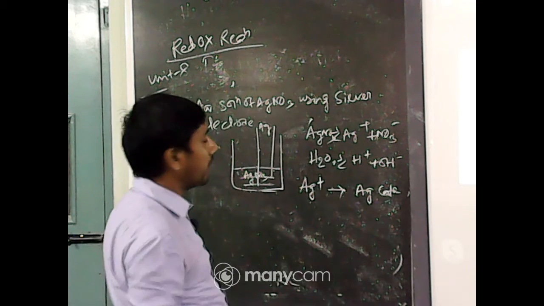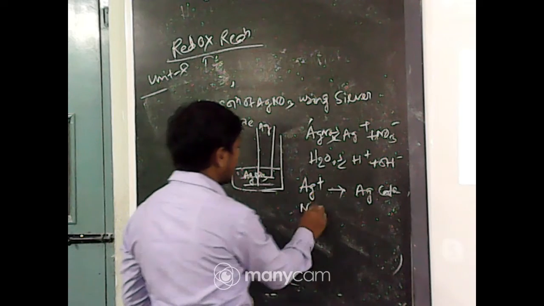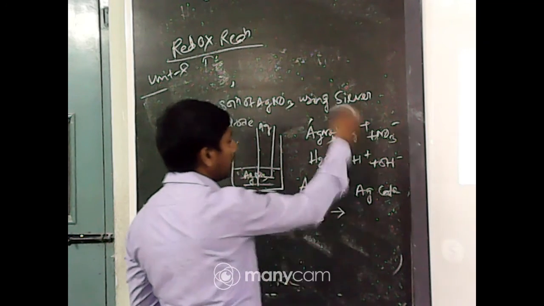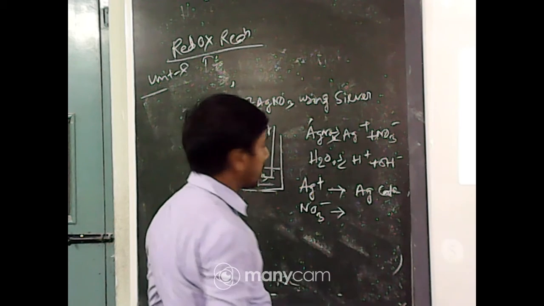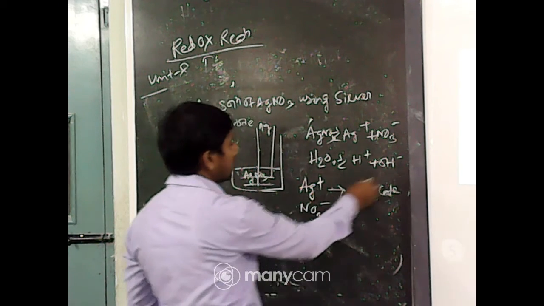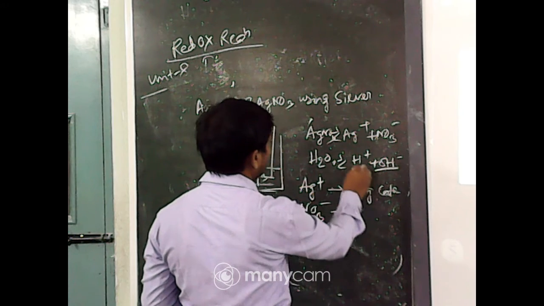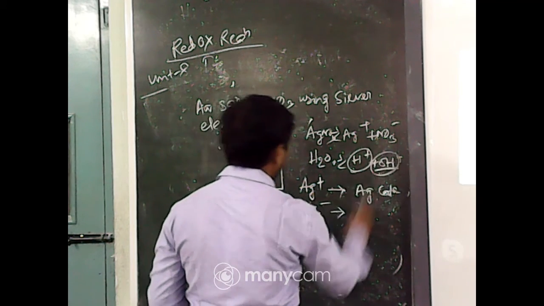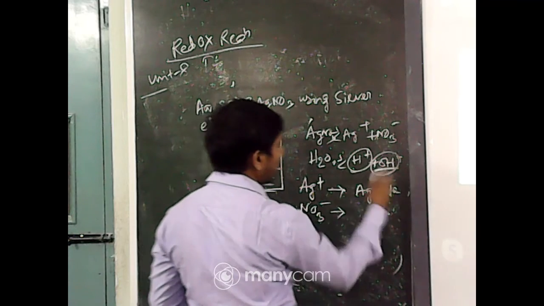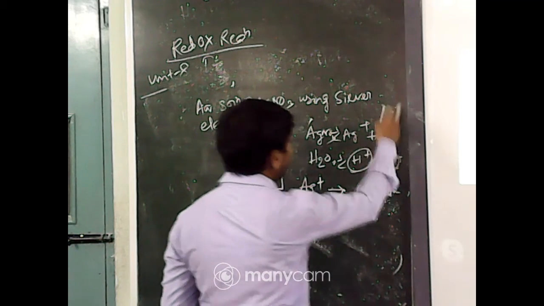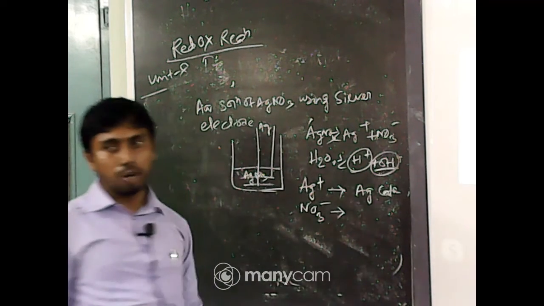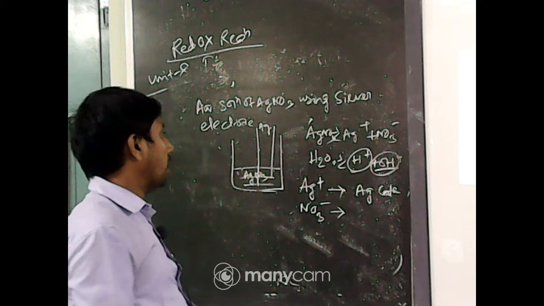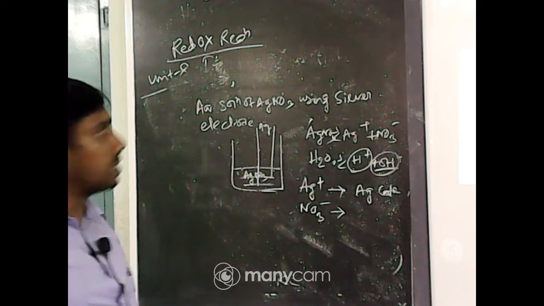Between NO3 minus and OH minus, the discharge potential of NO3 minus will be less, so it will evolve from the system, and the system has OH minus and H plus. So Ag will be deposited on the cathode, and there will be liberation of NO2 gas from the NO3. In this way we have to solve this.